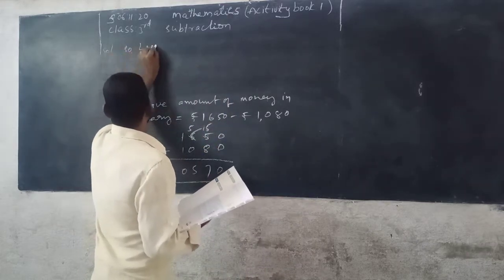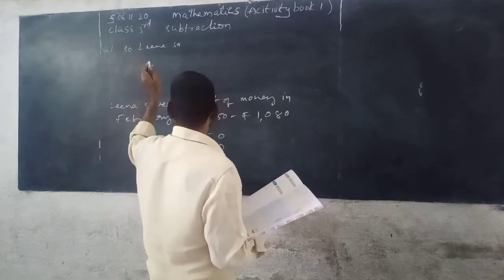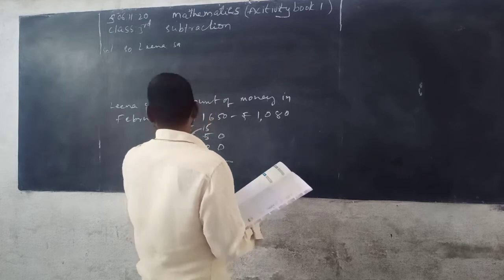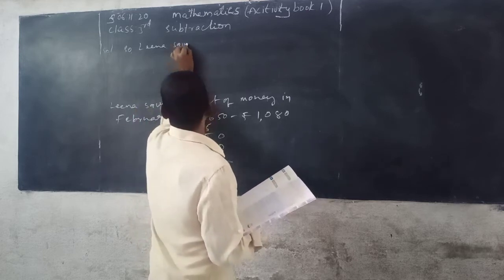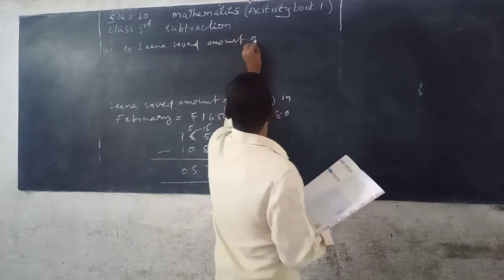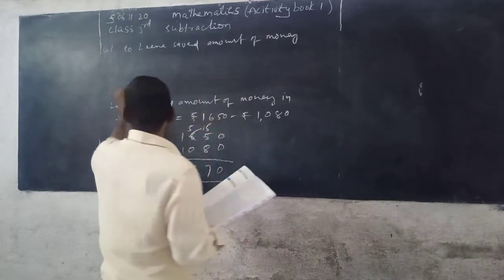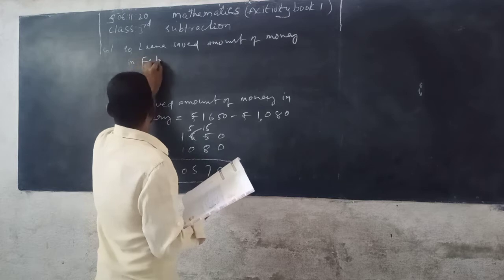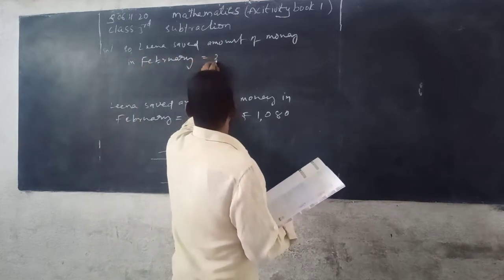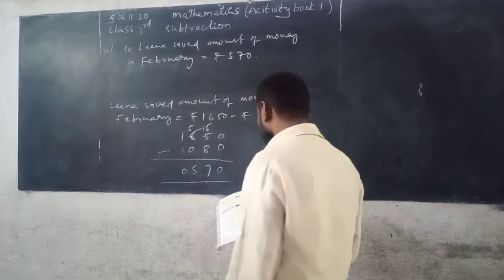So Leena has an amount of money left from February, that is 570 rupees. Next what?